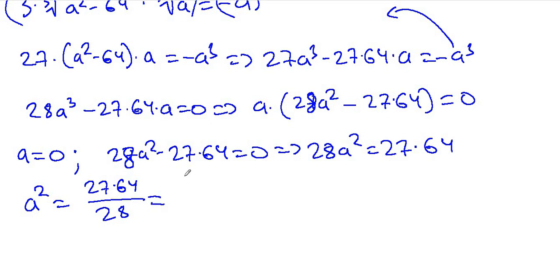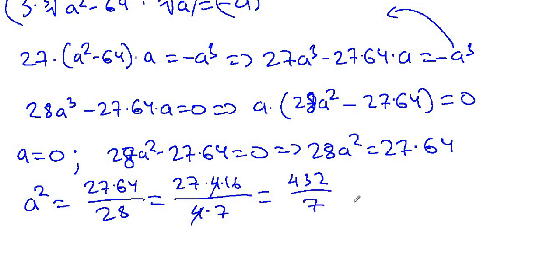And this can be simplified. I can express 64 as 4 times 16, and 28 as 4 times 7, and the 4s are going to be cancelled. So here, 432 divided by 7. Or in other words, a is equal to plus minus square root of 432 divided by 7.